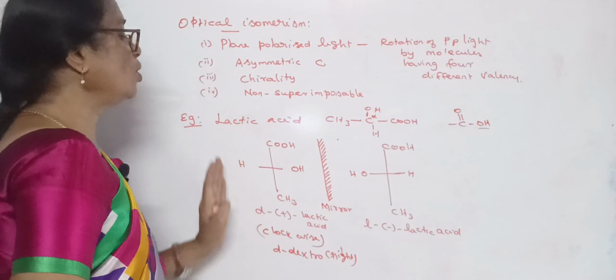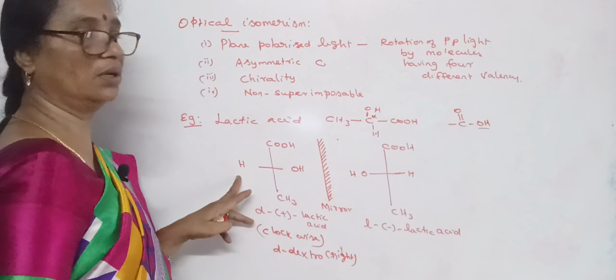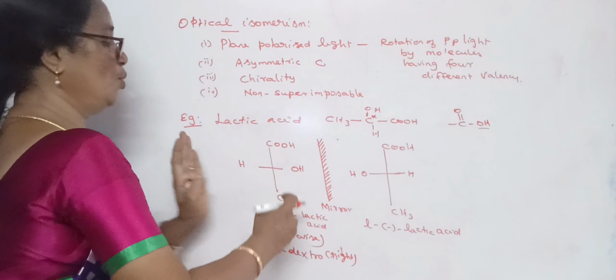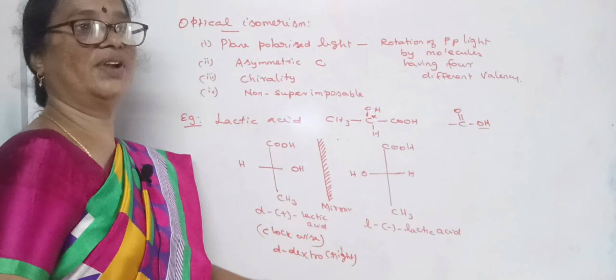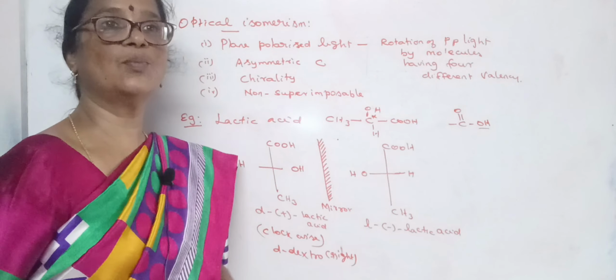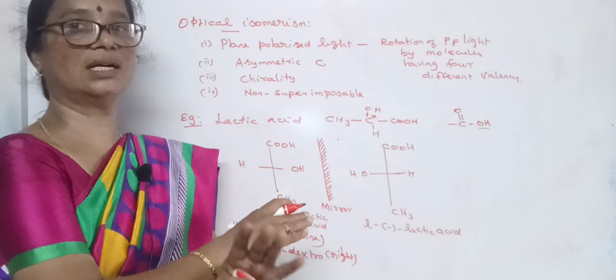And you are going to take the mirror image of this molecule. So, when you place a mirror just near to the molecule, you may find its image over here. So, we know when we look into the mirror, the top and the bottom will be similar, but the left and right will be just altered.